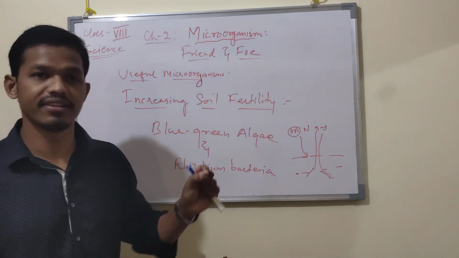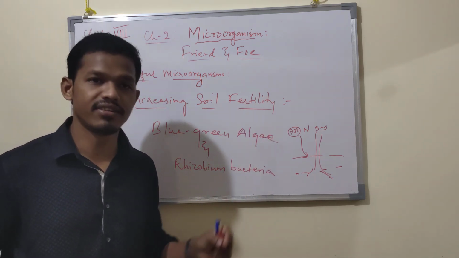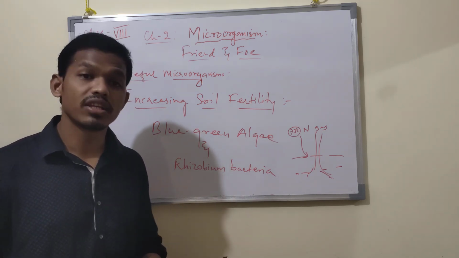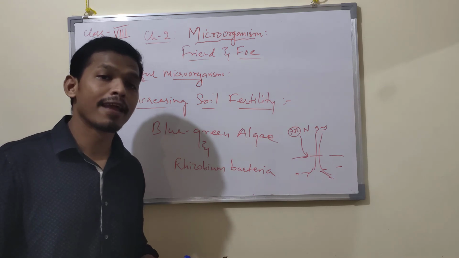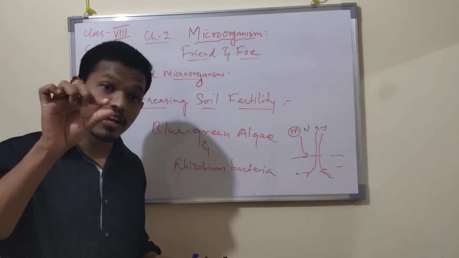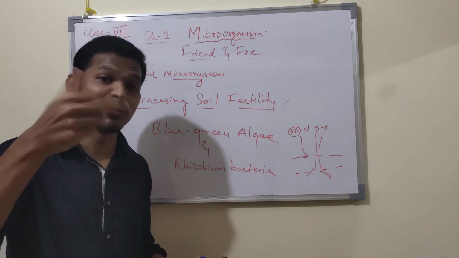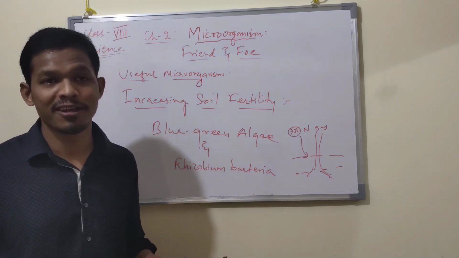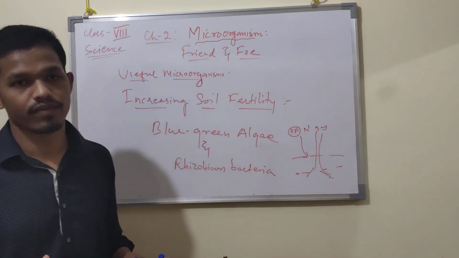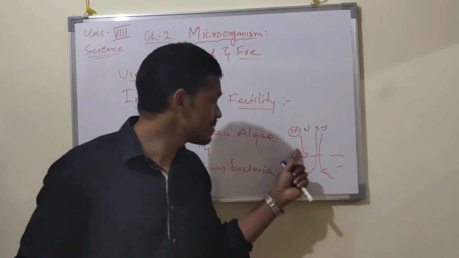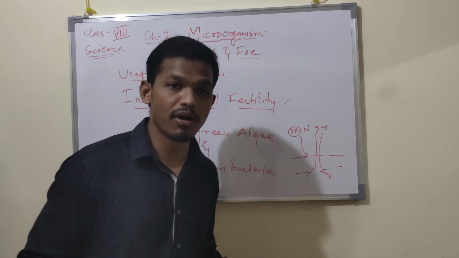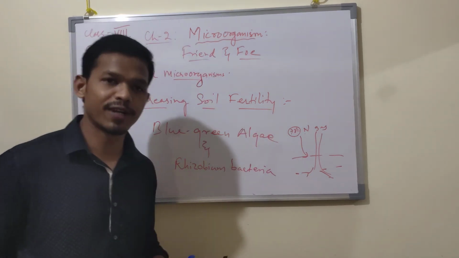You have heard of lightning? You see it in the sky before it rains. During that passage of light through the air, nitrogen is converted into a nitrogenous compound. But that is very limited, and it does not happen often. So these microorganisms fix nitrogen gas into a nitrogenous compound. That's how they increase the soil fertility.